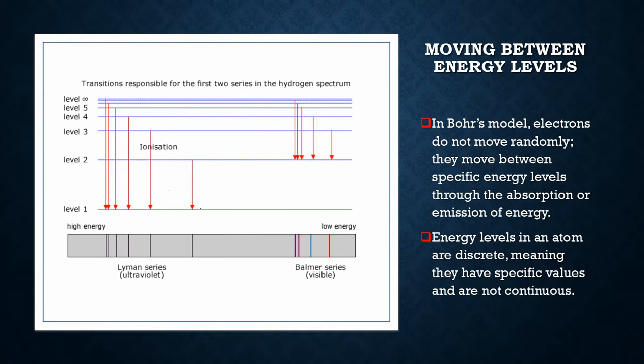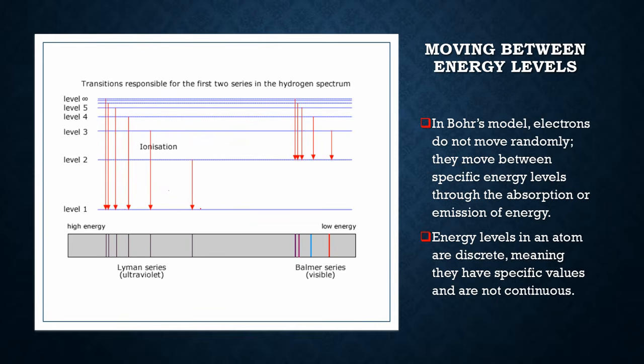The only way to make them move is that they either lose energy when they are in their excited state, or they absorb radiation when they are in their ground state. So that is about the electrons.